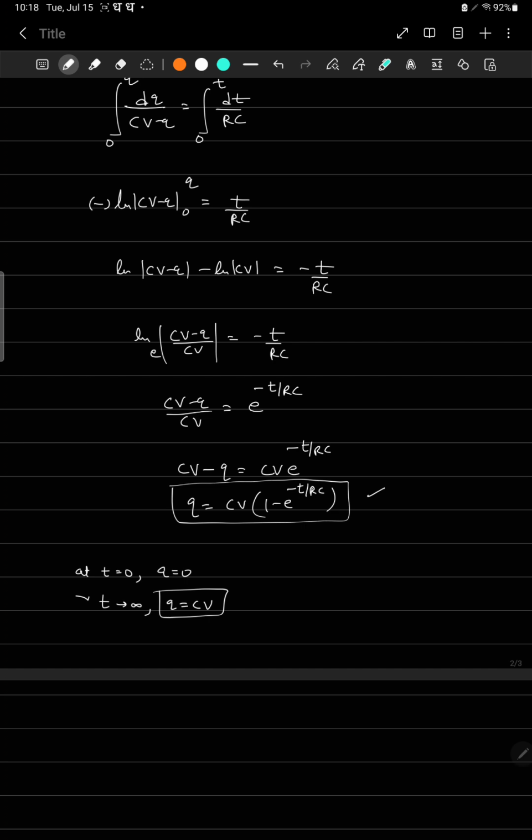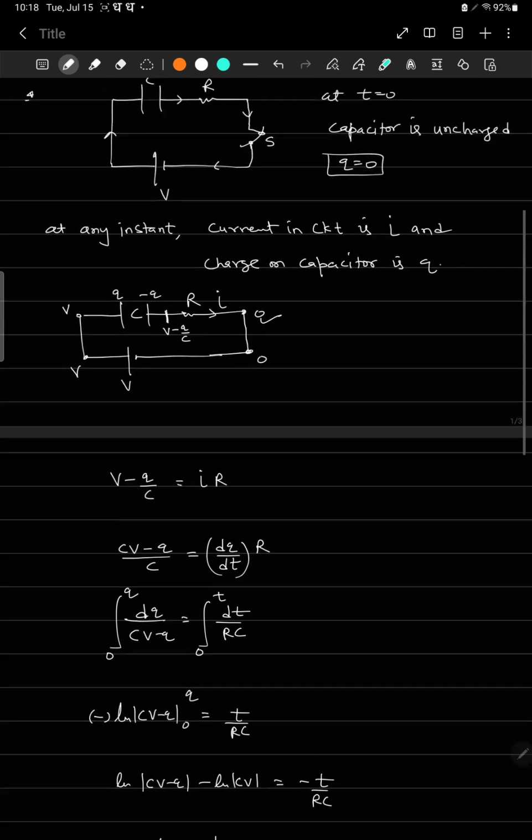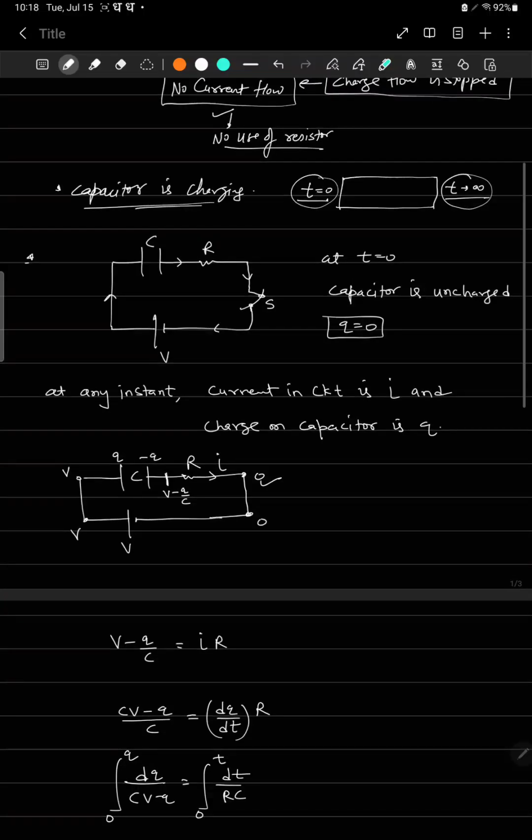CV is the maximum charge that the capacitor can hold. The capacitor and resistor are connected with a V volt battery, so the total voltage drop on the capacitor and R will be V, and the maximum voltage drop on any of the elements could be V only.